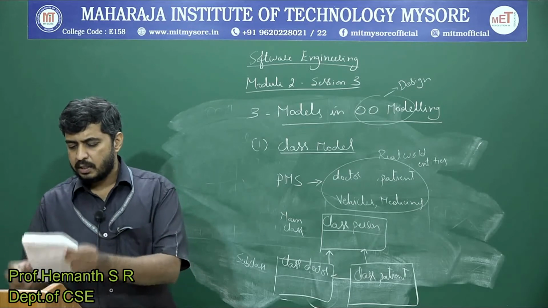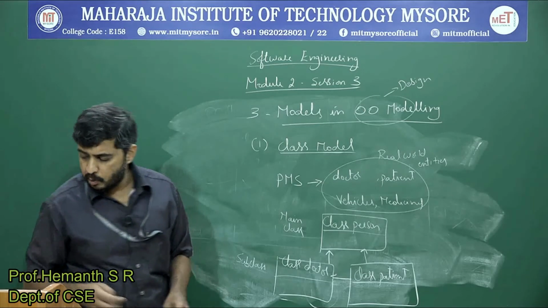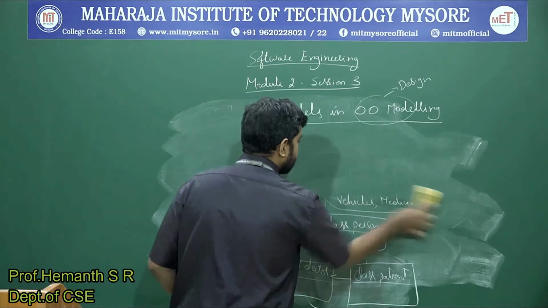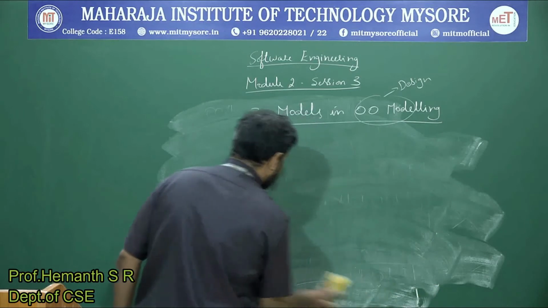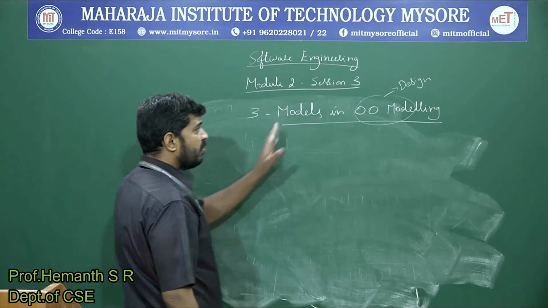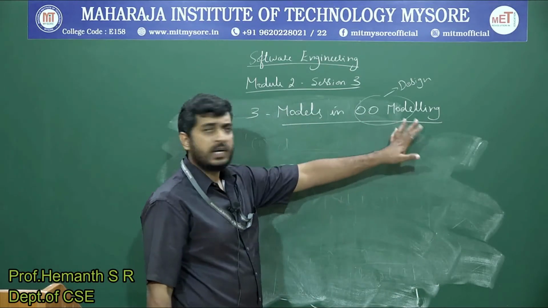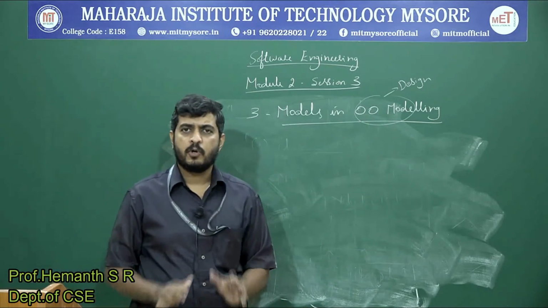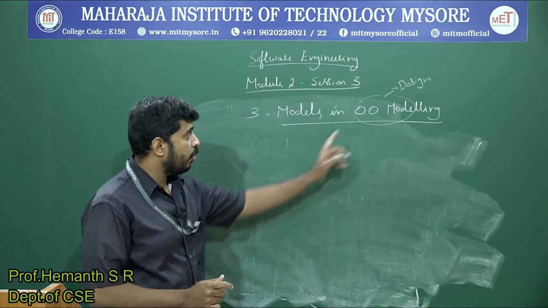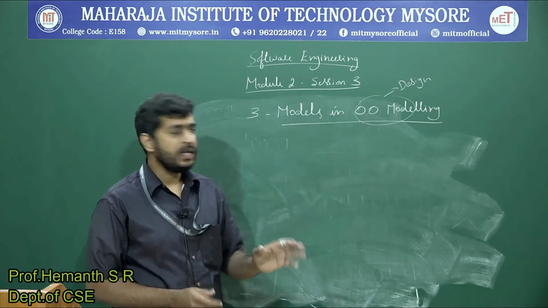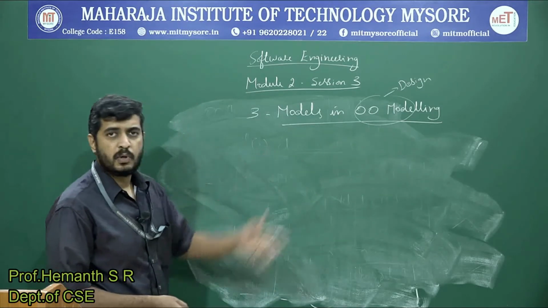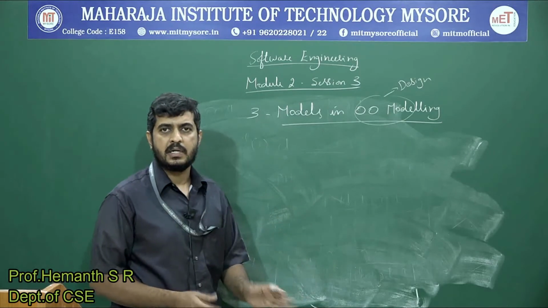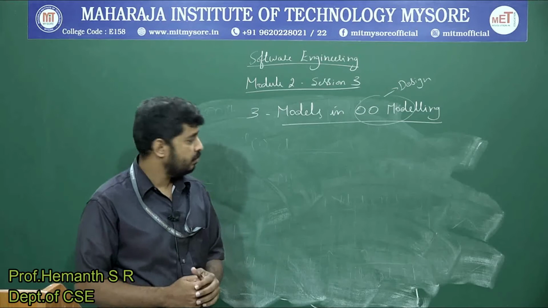The next model is the state model, the second way of representing O modeling. Just now we saw the first and most popular way of representing object oriented design or modeling, the class model, where the emphasis was on classes, subclasses, and how they are related with one another.